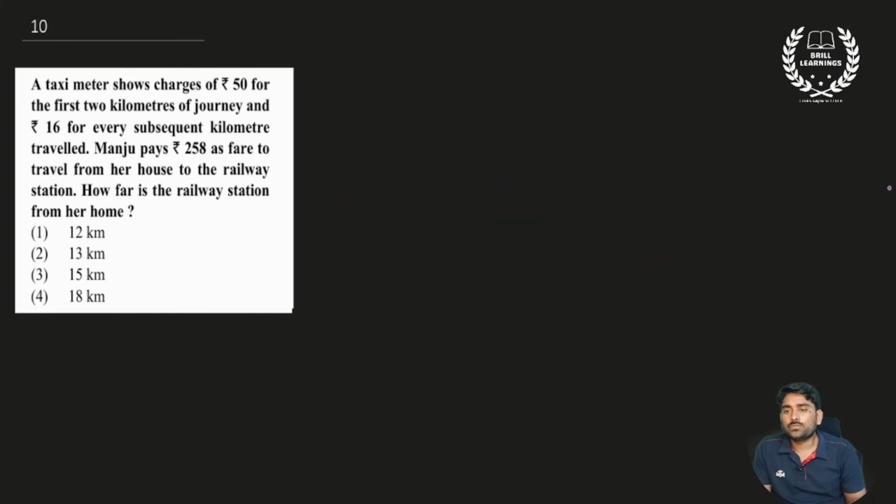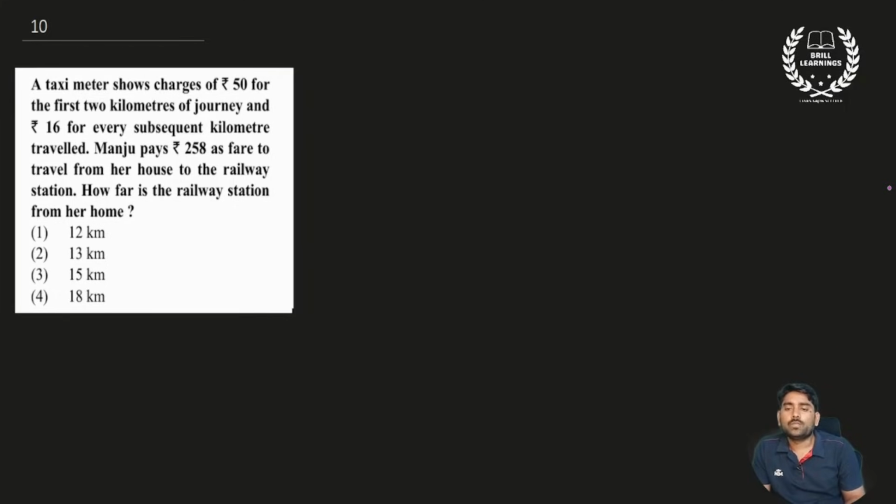A taximeter shows charges of 50 rupees for the first 2 kilometers of journey and 16 rupees for every subsequent kilometer traveled. Manju pays 258 rupees as fare to travel from her house to the railway station. How far is the railway station from her home? It's a simple question.